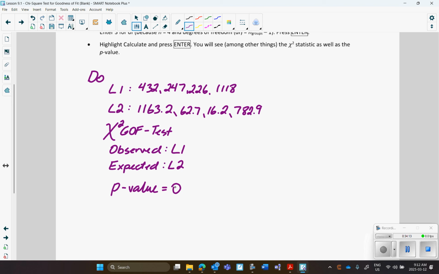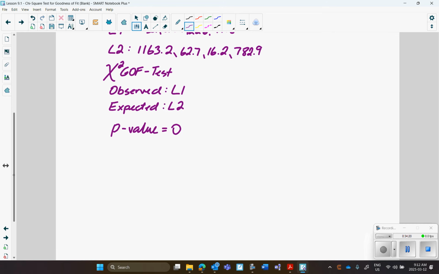We already calculated the chi-square statistic alone. And then we conclude. And it's the same conclusion as when we did tests before. Because our p-value is less than our alpha value, we reject H0. We have convincing evidence, and so on.